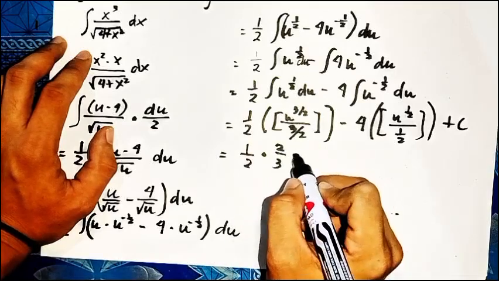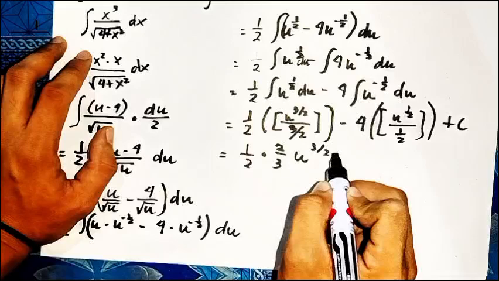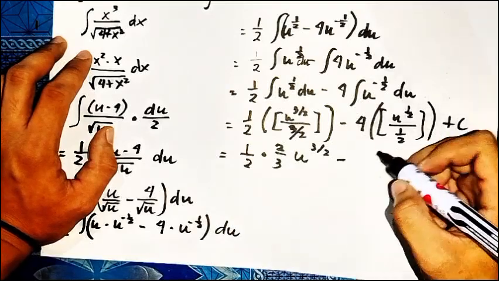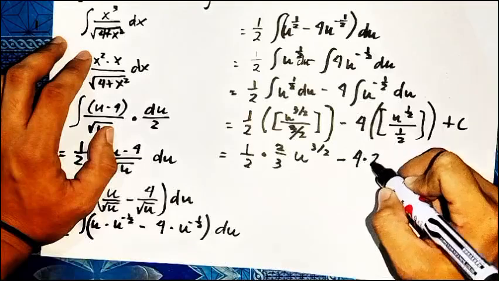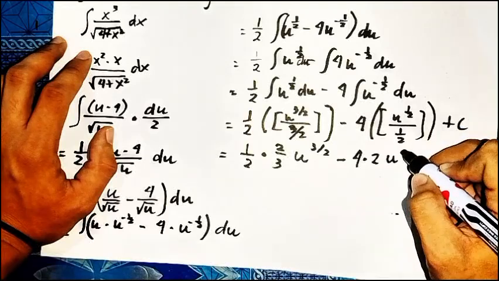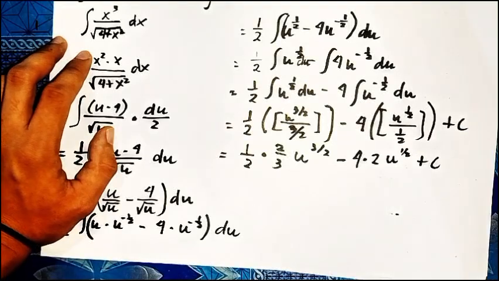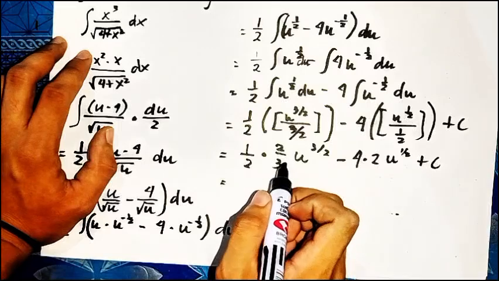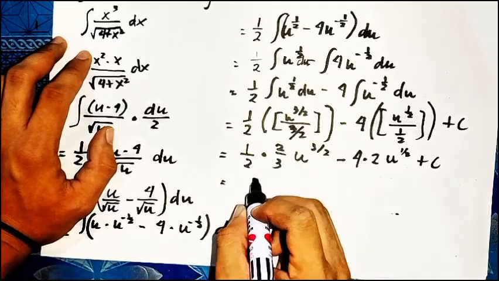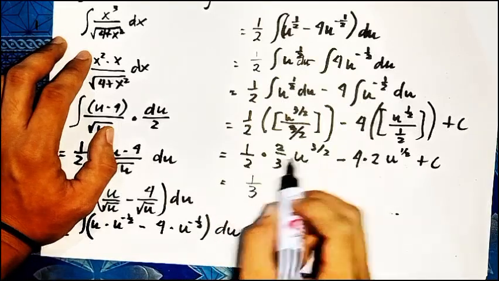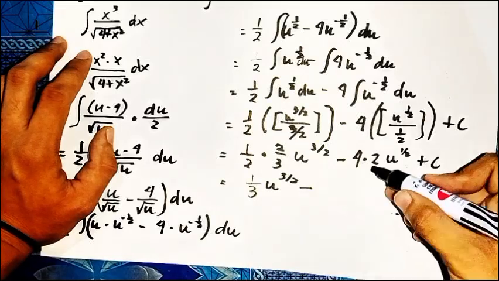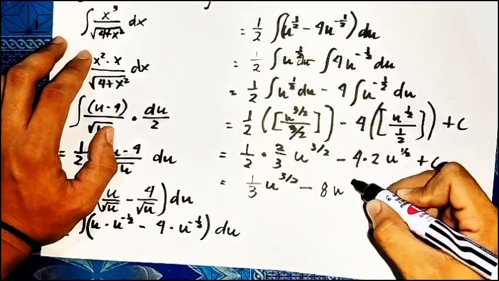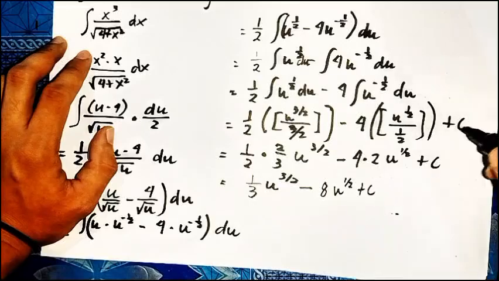We have u to the 3/2 minus 4 times 1/2 is the same as 4 times 2 u to the 1/2 plus c. So 1/2 times 2 over 3 is the same as 1/3. And copy the u to the 3/2 minus 4 times 2 is 8 u to the power of 1/2 plus c.